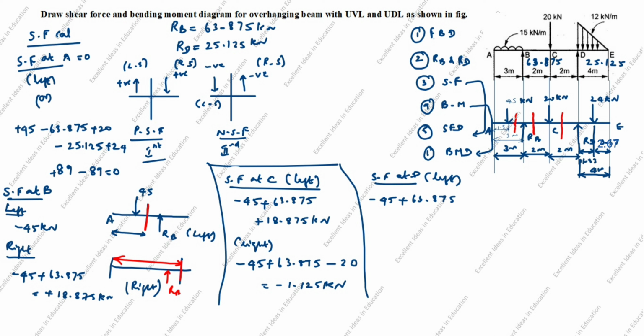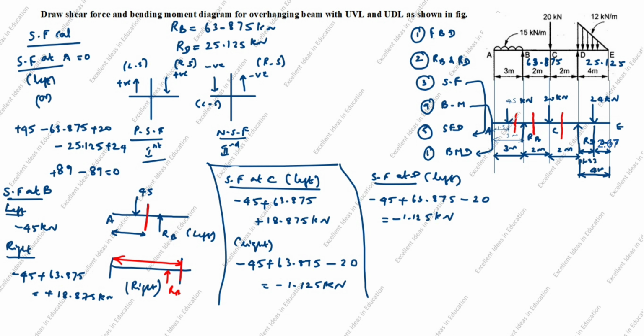Next you see the arrow comes down. Down left side is negative, minus 20. Next you see up to here, right? So only 3 forces is there. Minus 45 plus 63.875 minus 20 is equal to minus 1.125 kilonewton.